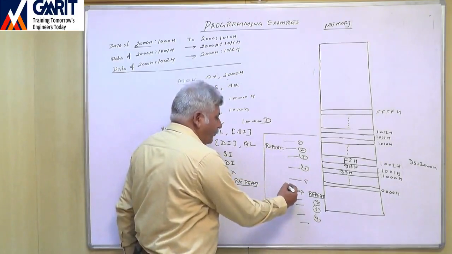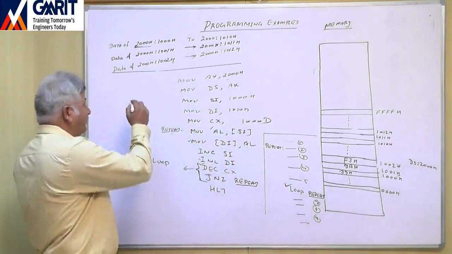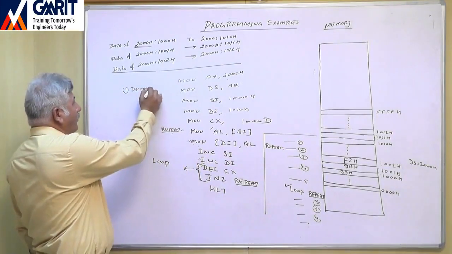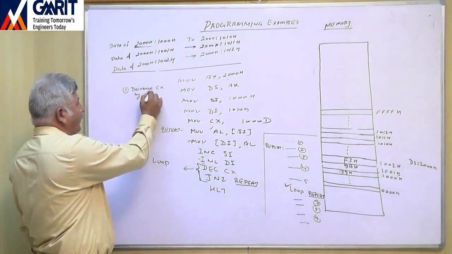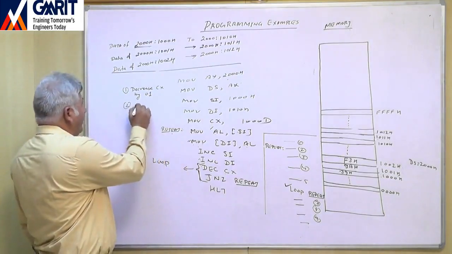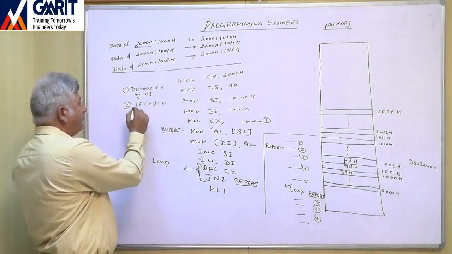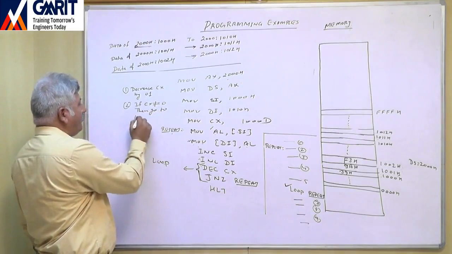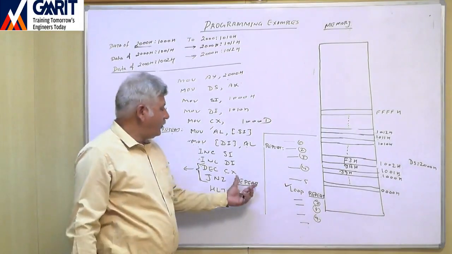When the microprocessor executes the loop instruction, it will do two things. First, decrease the value of CX by 1. Then, if CX is not equal to 0, then go to the label.